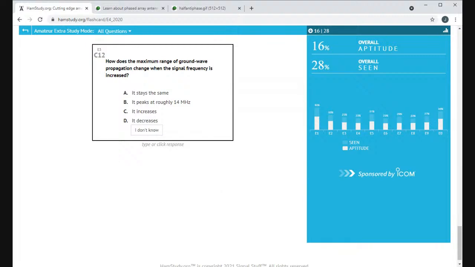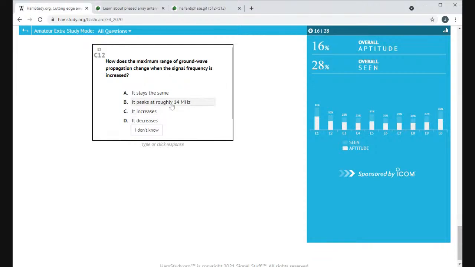How does the maximum range of ground wave propagation change when the signal frequency is increased? A, it stays the same. B, it peaks at roughly 14 megahertz. C, it increases. D, it decreases. So this is referring to ground wave propagation, and I don't believe that the signal frequency changes ground wave.